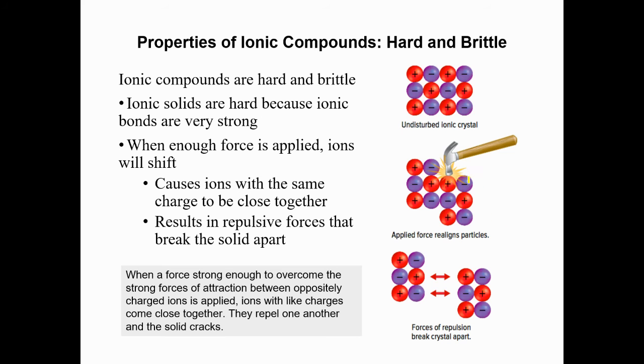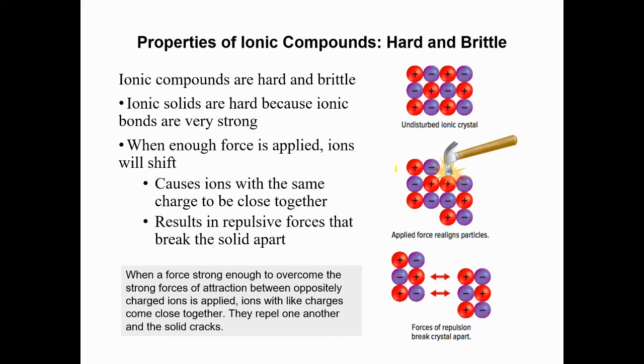The second key feature of ionic compounds is that they're hard and brittle. You can see from the first diagram up here that the charges occur at regular repeating intervals, and a positive charge is always balanced with a negative charge.